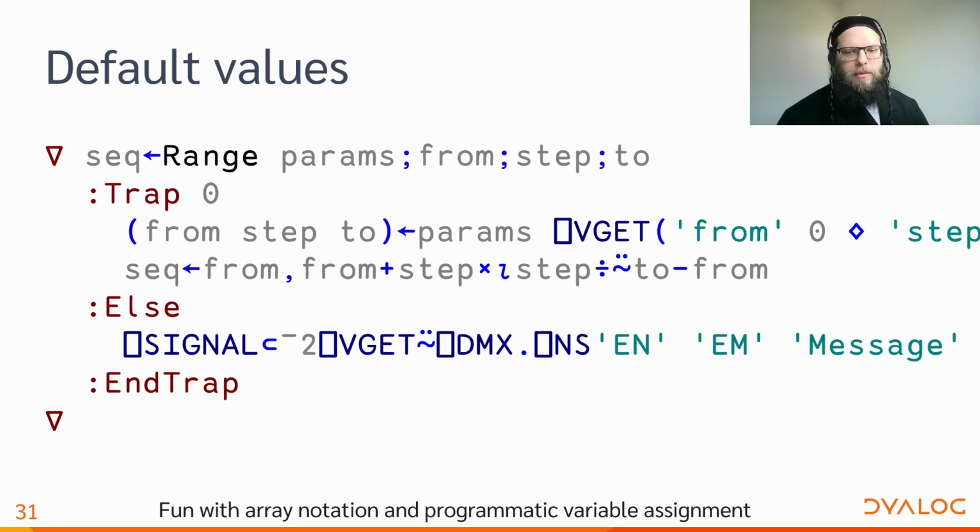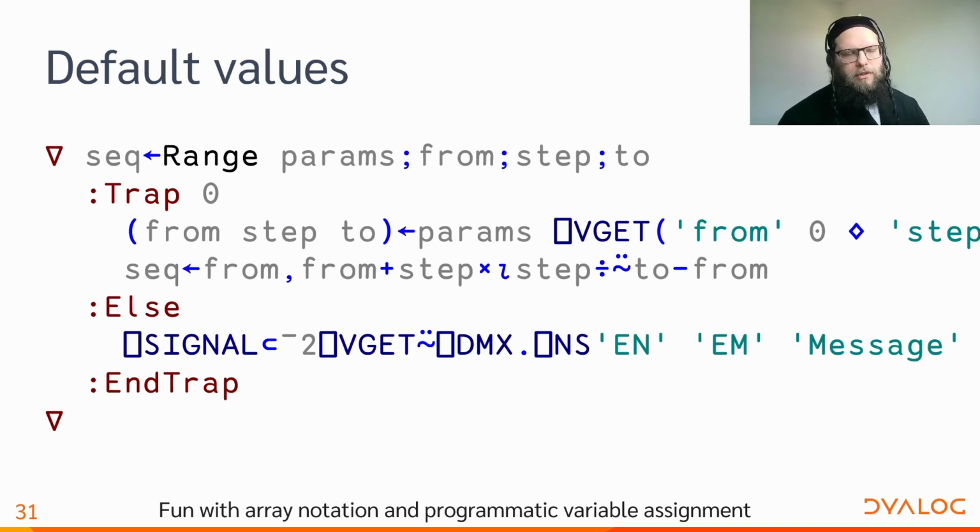So we have quad_dmx. We go into that with a dot. Quad_ns creates a new namespace, which extracts or copies the values en, em, and message. Those are the important parts that we want from quad_dmx, from the error information. Now we have a new namespace. We can use quad VGET with a right argument. I swap the arguments with the commute operator of -2.